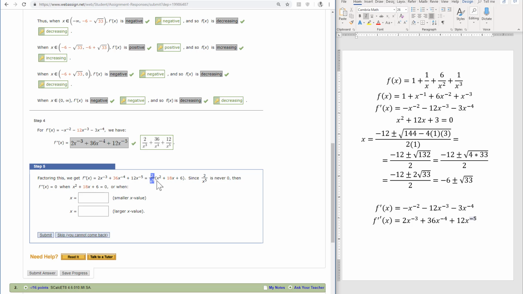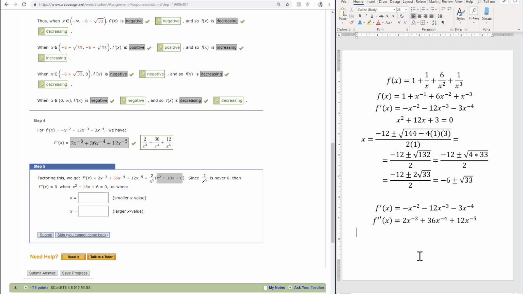And it looks like they're all factors of 2, so we can take out a 2 also. And here, if we can factor this quadratic, that would be great, but it looks like one of those quadratics that you can't factor again. So let's see if we can use the quadratic formula.